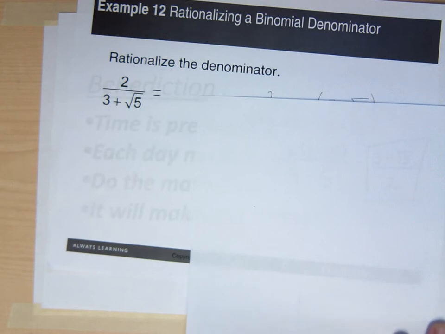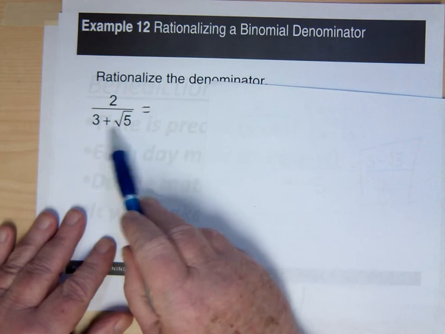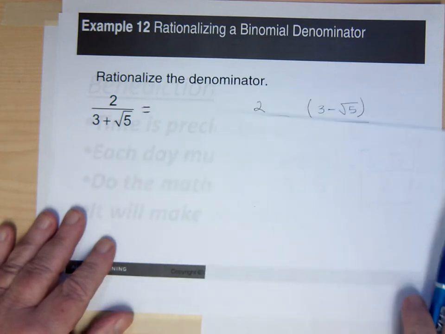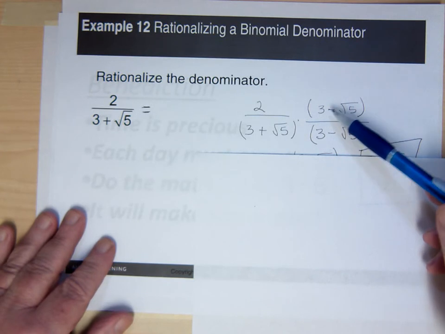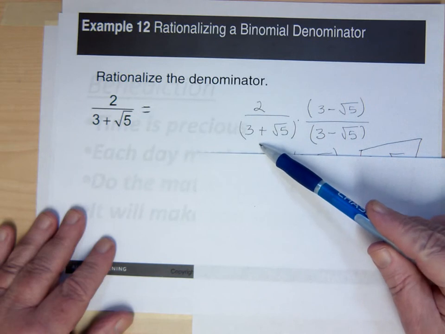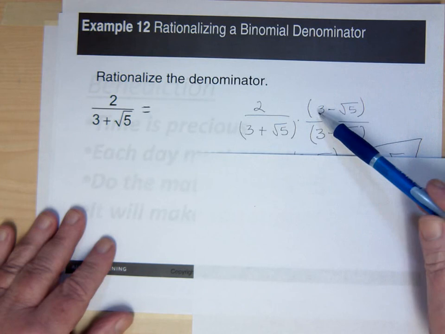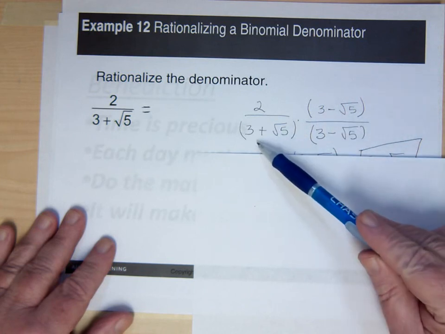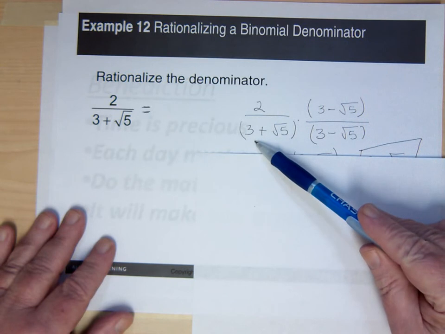Last but not least, sometimes we run across a denominator that includes a binomial, 2 terms, and so here what we're going to do is multiply top and bottom by the same thing, 1, but again we're going to use the conjugate. So instead of having 3, we're going to use 3 minus root 5 over 3 minus root 5. And we'll take advantage of the fact that here I have a plus b times a minus b, so that is going to be a squared minus b squared.